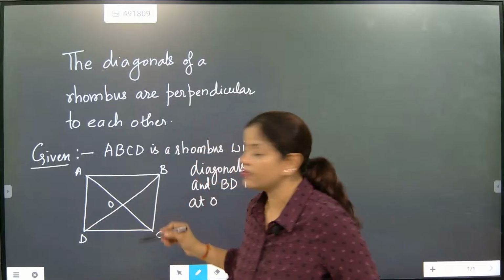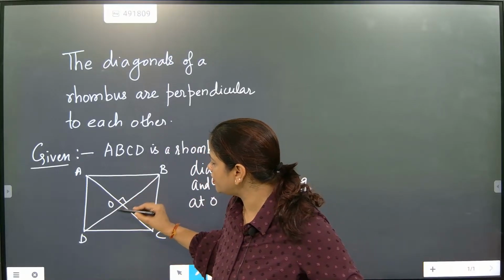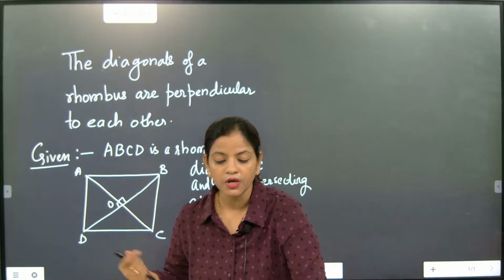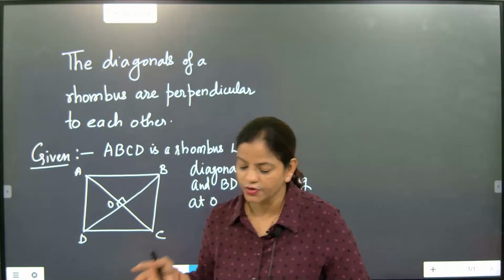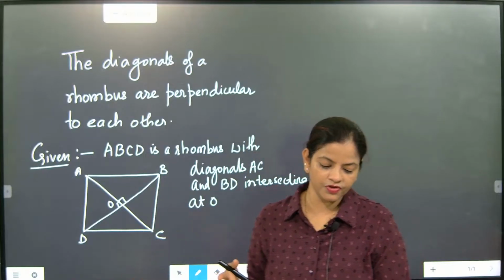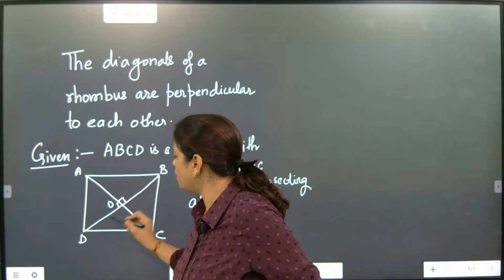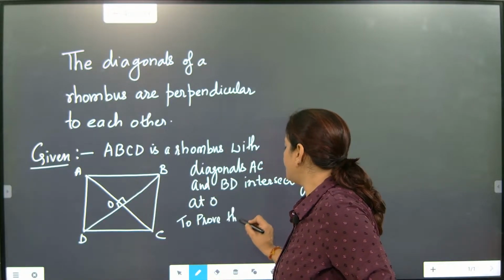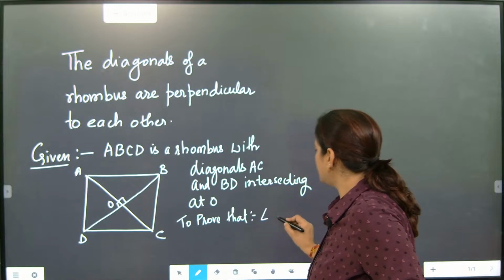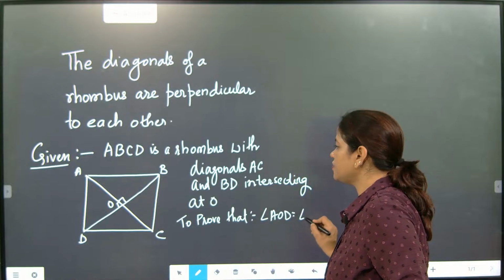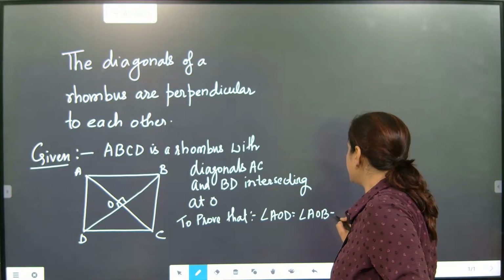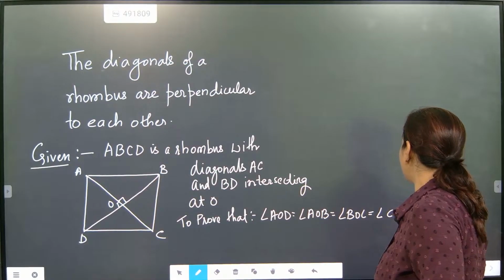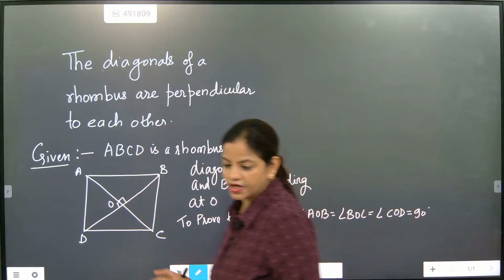That means we need to prove that angle AOD is equal to angle AOB is equal to angle BOC is equal to angle COD, and everything will be equal to 90 degrees. This is what we need to prove.